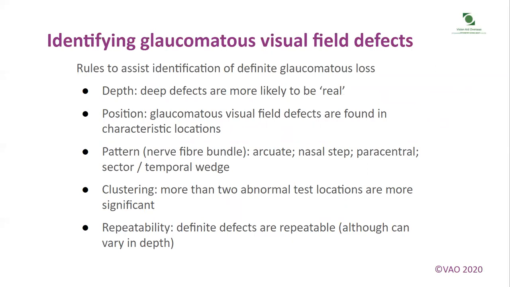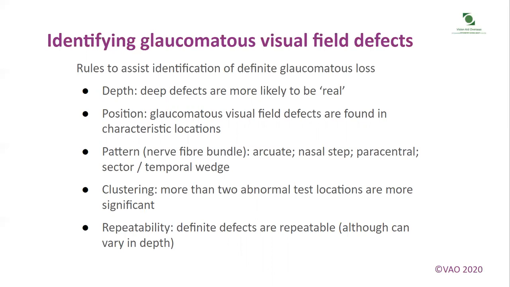Identifying glaucomatous visual field defects. Rules to assist identification of definite glaucomatous loss are: depth. Deep defects are more likely to be real. Position. Glaucomatous visual field defects are found in characteristic locations. Pattern.